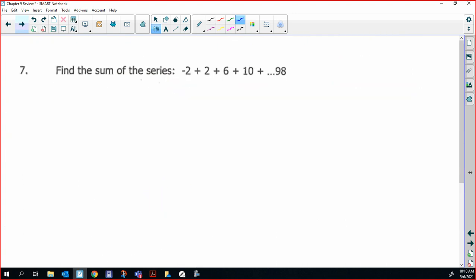All right, we did that one already. Number 7, find the sum. In order to find the sum, you need to know what type of series. Is it multiplying or adding? Adding 4, which means it's arithmetic.